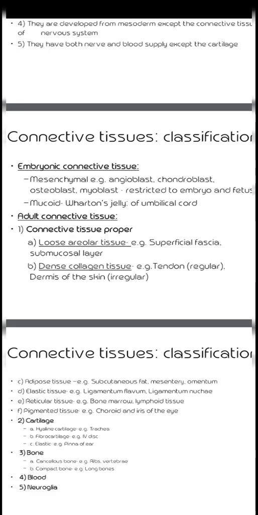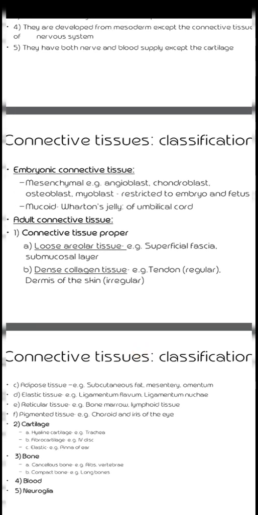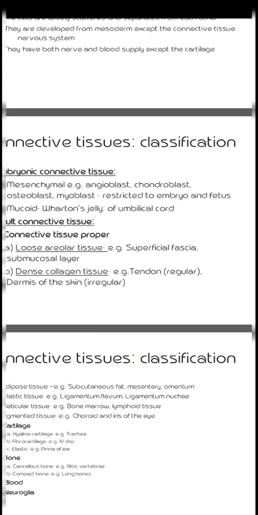circulatory system structures. Chondroblast changes into chondrocyte in the adult form and forms cartilage. Osteoblast changes into bone. Myoblast changes into myocyte or muscle cells. These are restricted to embryo and fetus.